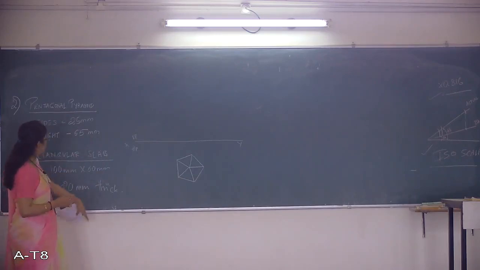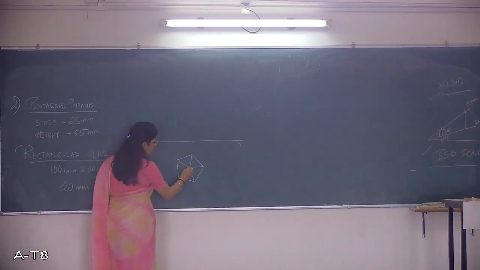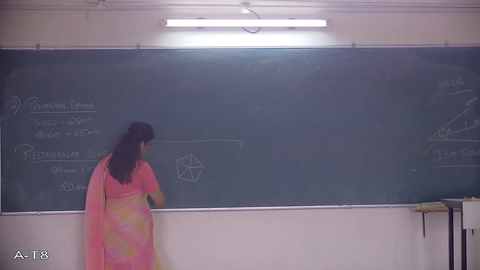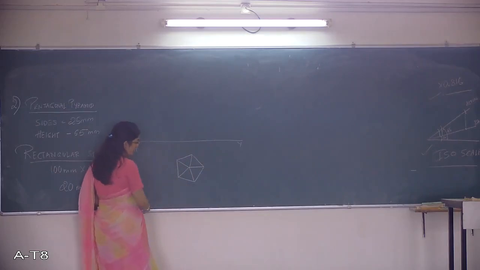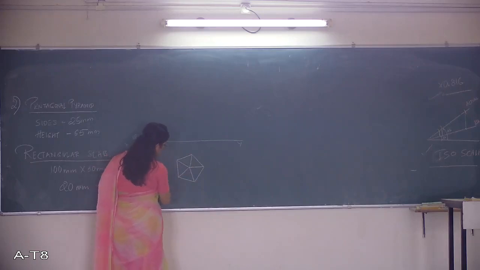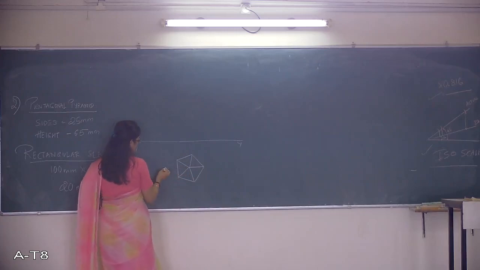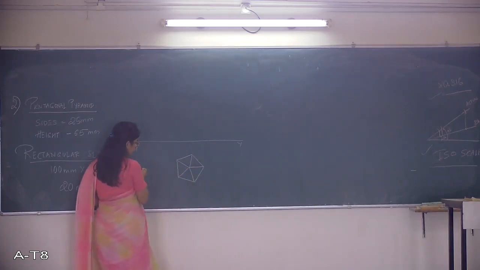Next, you have to draw a rectangular slab. Having known that this is the center of it, you can measure 100 like this and 60 like this. Vertically 60, horizontally 100. So from the center, 5 centimeters this side, 5 centimeters this side, that is 50 mm on this side, 50 mm on this side.